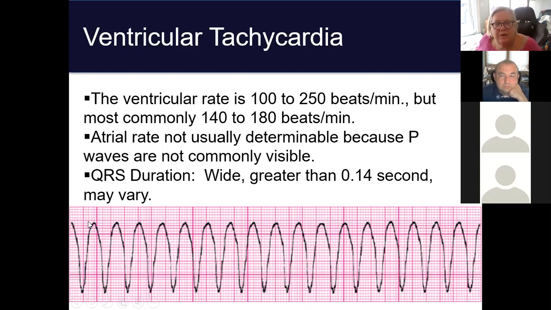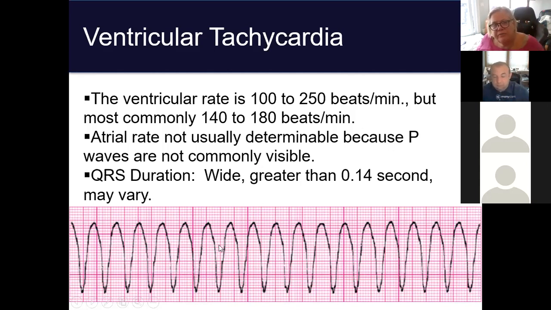P waves are not usually seen in VTach. If you were in the EPS lab, they may be able to isolate the P waves, but that's not useful in the real world out at the bedside. But again, wide, bizarre. This is all one foci.